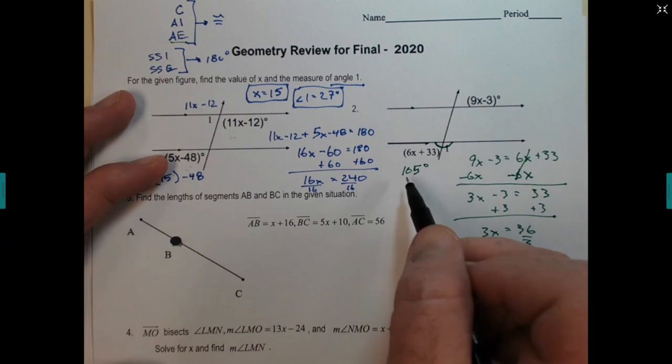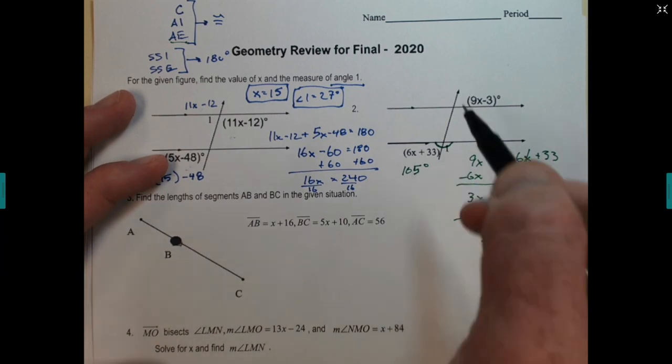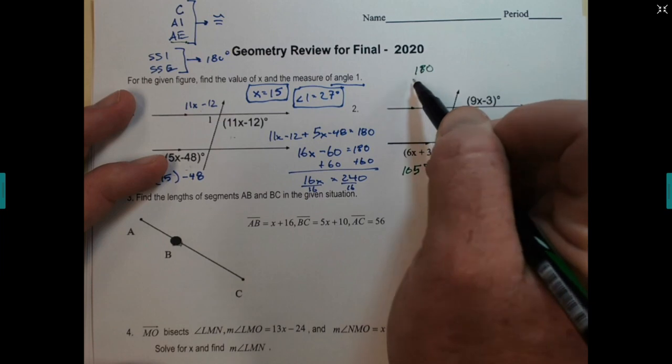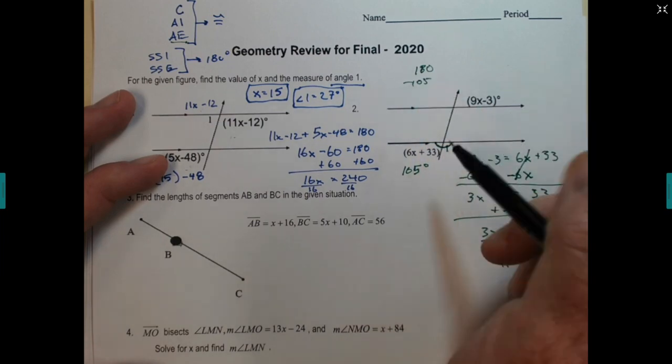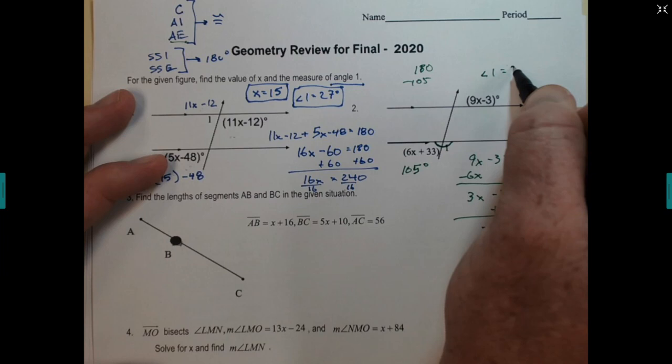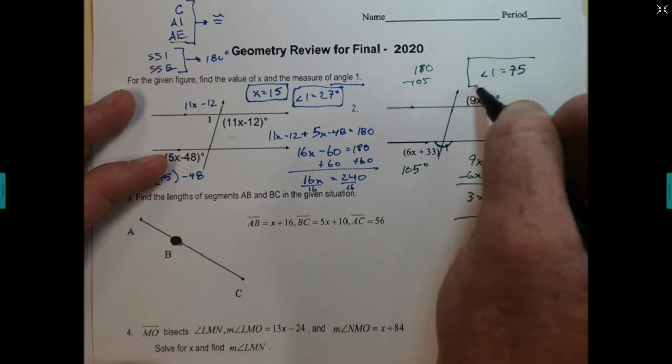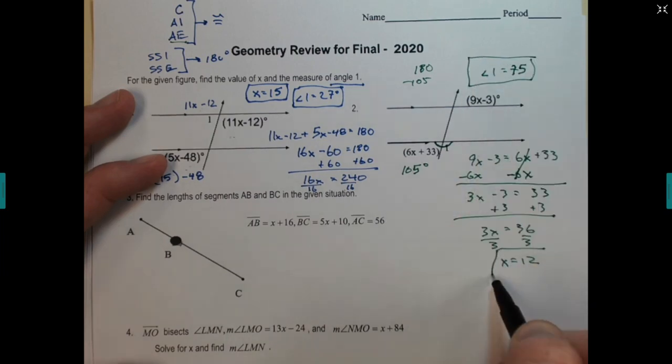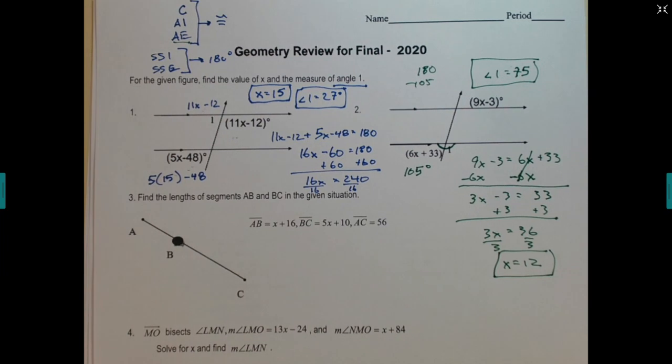That means angle 1 has to be the remainder of the 180. So 180 minus 105 leaves me with 75 degrees. Fantastic.